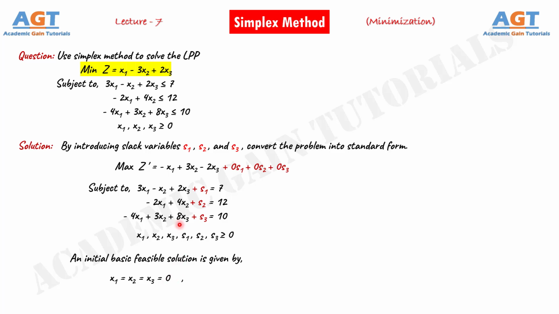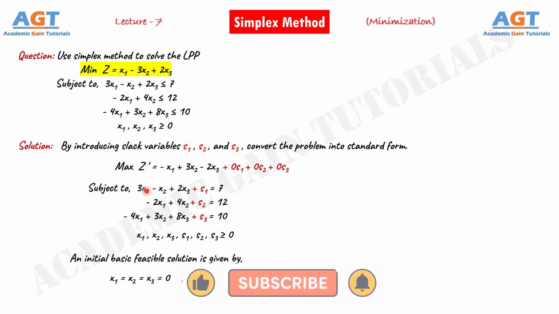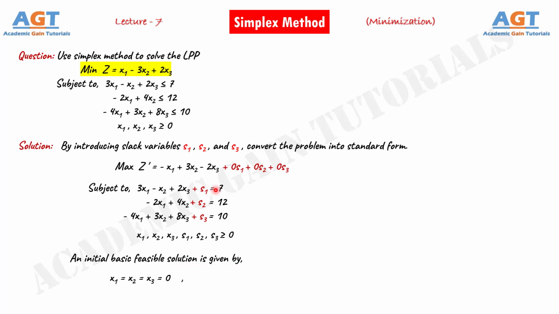Then, we have to find out the values of s1, s2, and s3. Now, in these constraints we can see, if the values of x1, x2, and x3 is 0, then, from the first one, the value of s1 will be 7, from the second one, the value of s2 will be 12, and from the third one, the value of s3 will be 10. So, our second step is done.